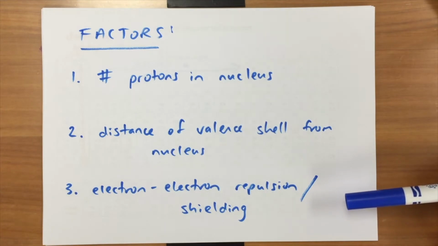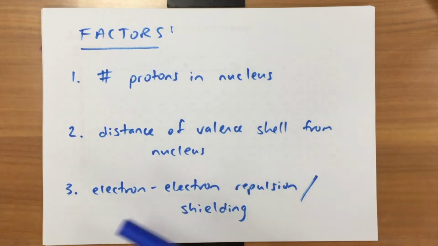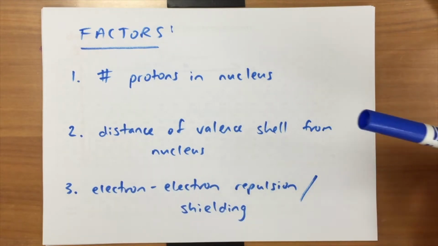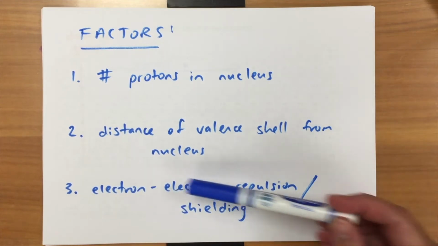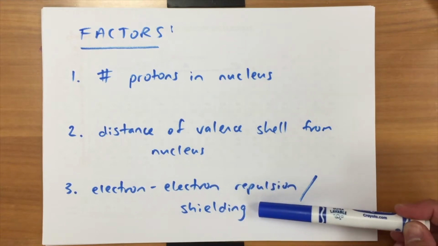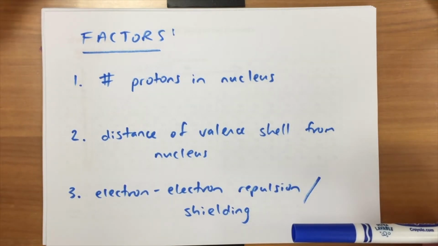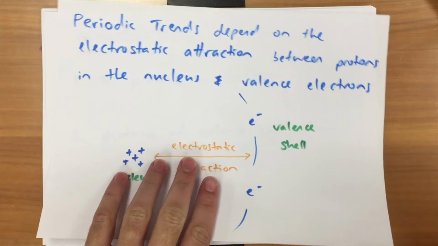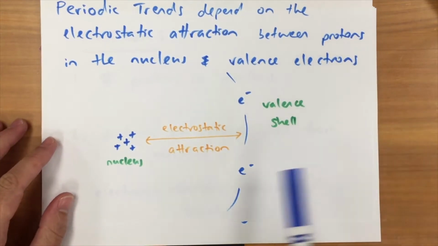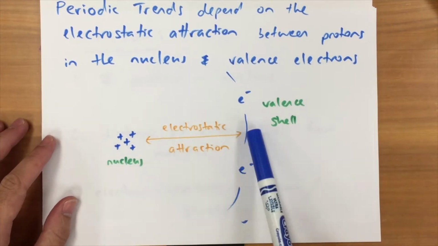Now, electrons are all negative, and therefore electrons repel each other. There's another factor that slips into this one, and that's the idea of shielding. If I come back to this diagram here, we're looking at the attraction between the nucleus and the valence shell.